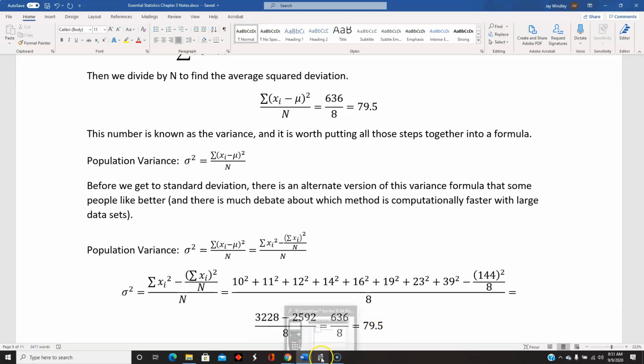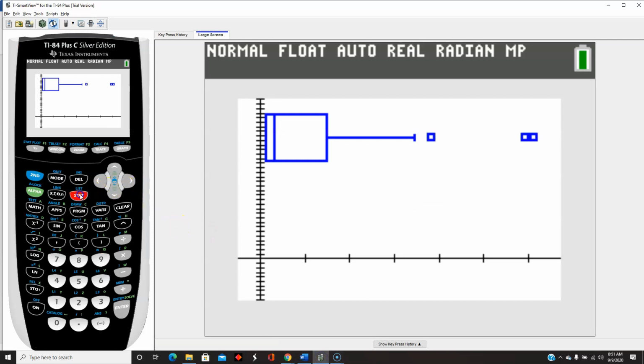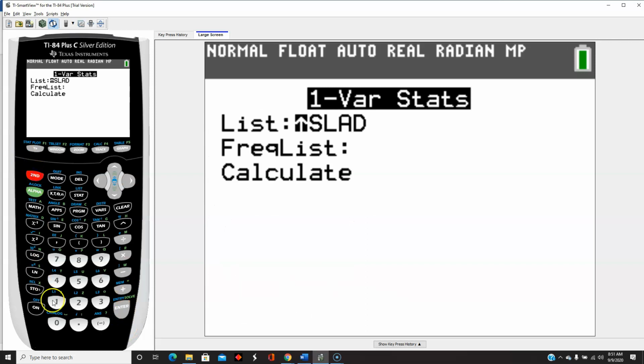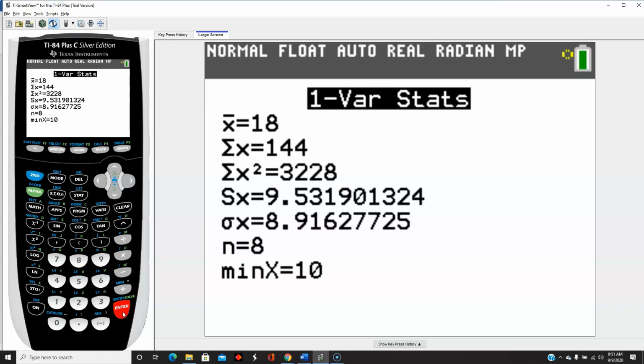Also wanted to show you that most number crunching software, like our calculator, is of course going to spit out the mean, but it's also going to spit out the sum of the x's and the sum of the x squareds. So this is our data set. The mean is 18. We saw that earlier.